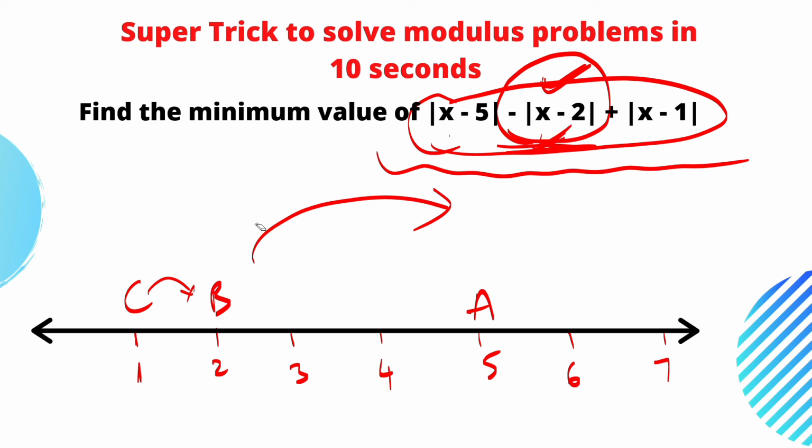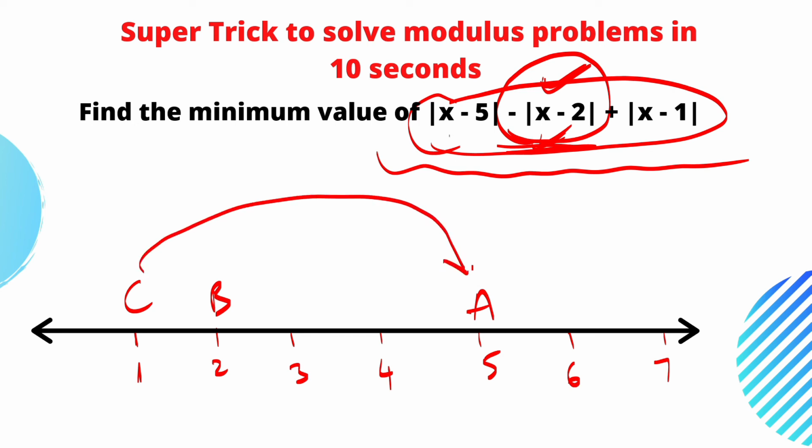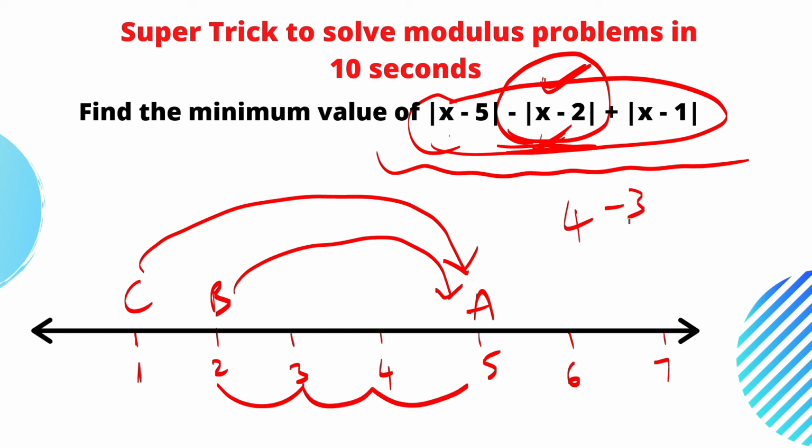If we take the other case where C is meeting A at 5, B is also meeting A at 5, then C is covering how many units? 5 minus 1, 4 units, right? 4 units, and B is traveling 1, 2, 3 units, so minus 3. A is at the same place, so plus 0. So 4 minus 3, this is equal to 1.